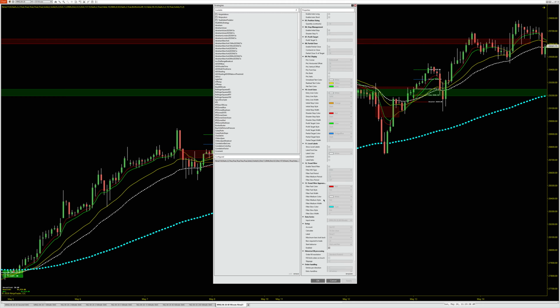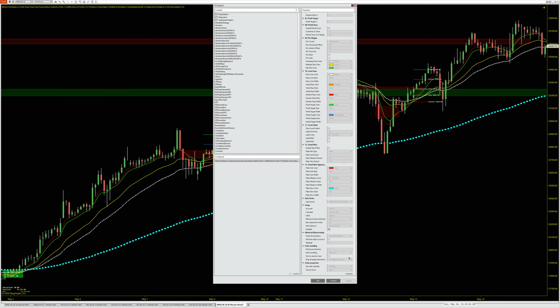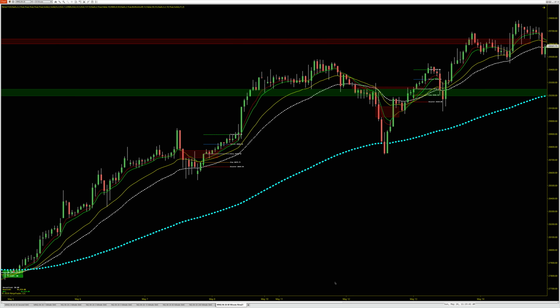And then this is again setting the look of those trend filters, and I think that's it. The rest is pretty much standard as we go. And that's all created within moments.